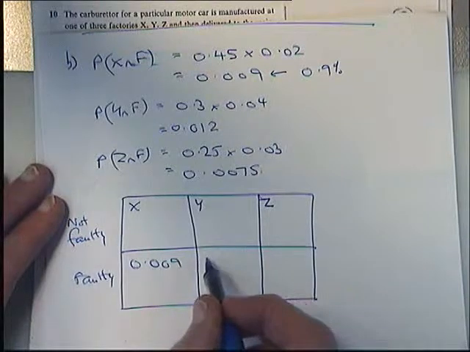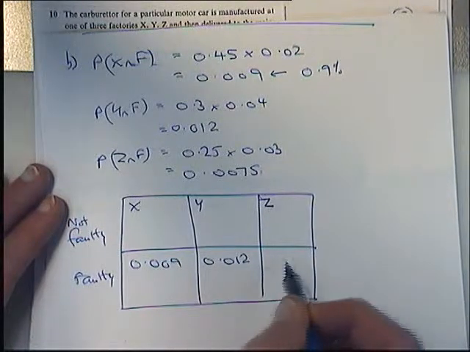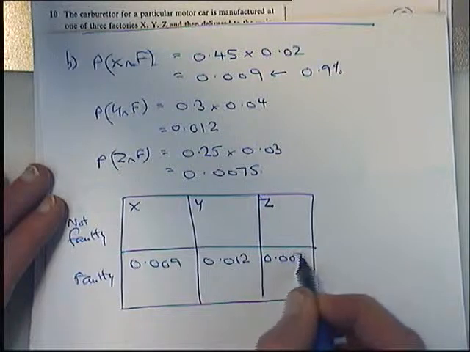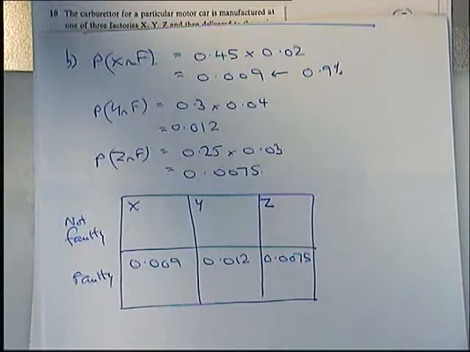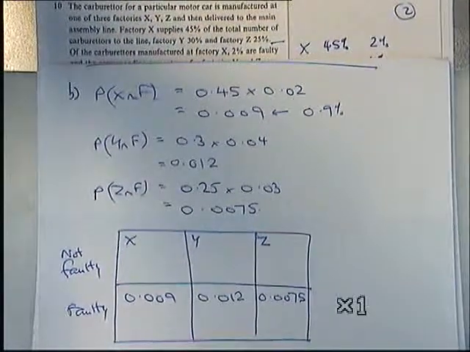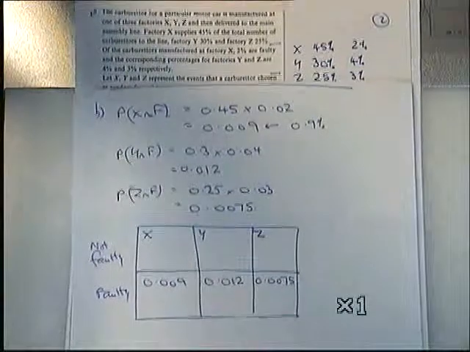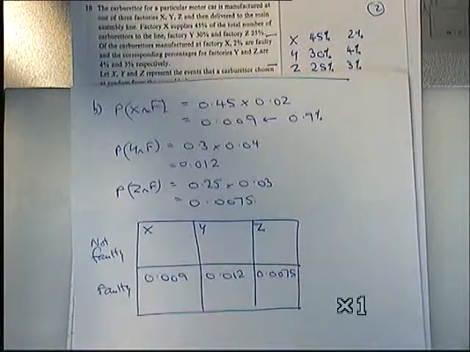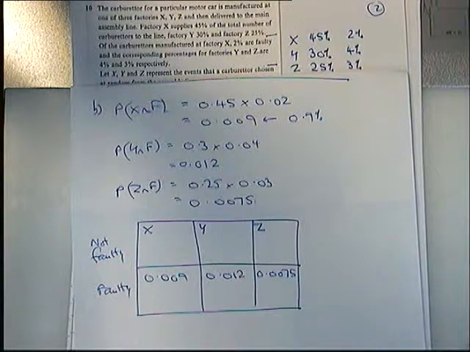My Y and faulty I can put in, and my Z and faulty I can put in. Now, I know that altogether the probabilities in here have got to add up to 1.